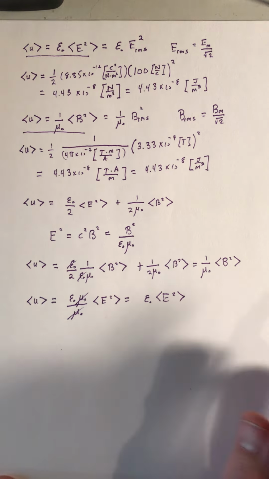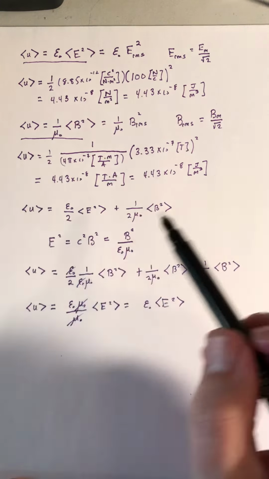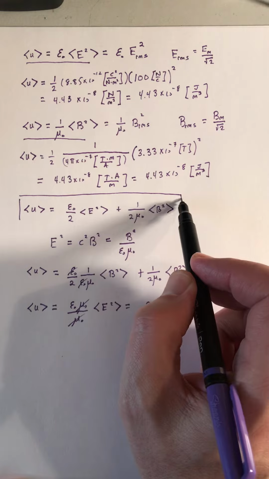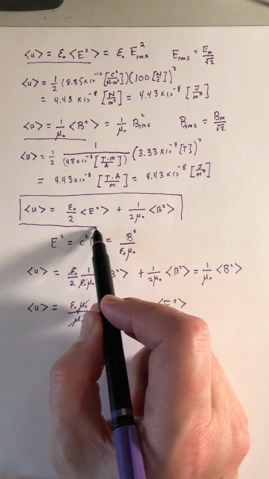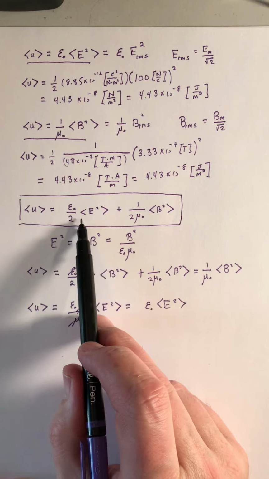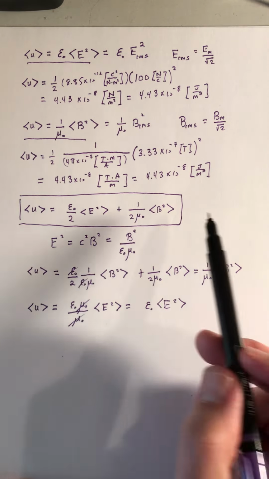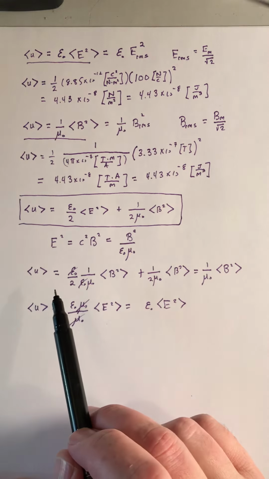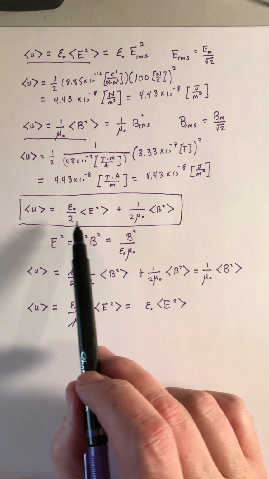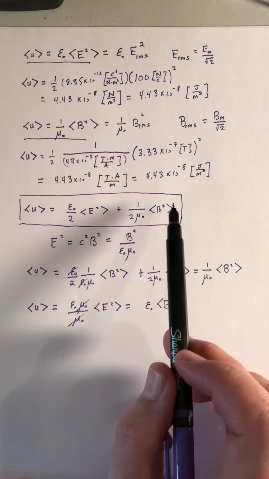So all of these relationships are equivalent to one another, but the more fundamental one is that half of the energy is carried in the electric field, half of the energy is carried in the magnetic field. But E and B are not independent. So in terms of computation, it's probably easier to just find the average energy density in terms of just the electric field or just the magnetic field.